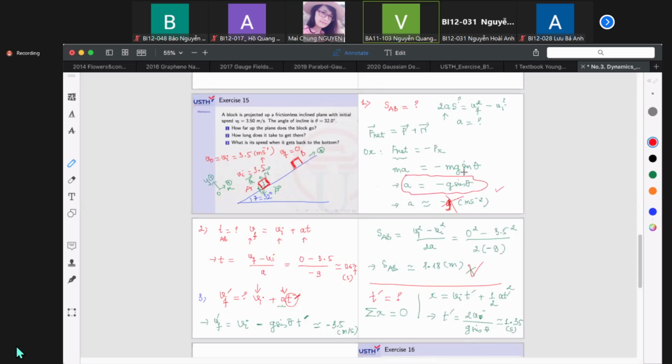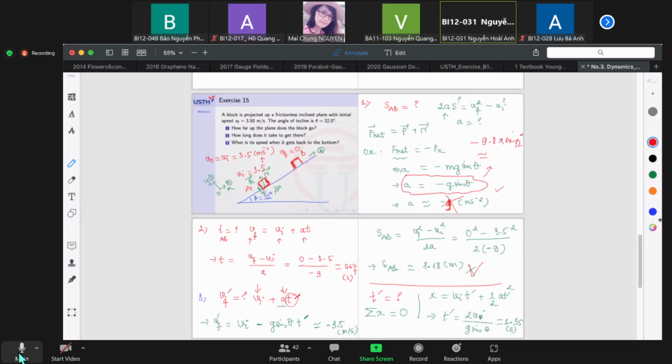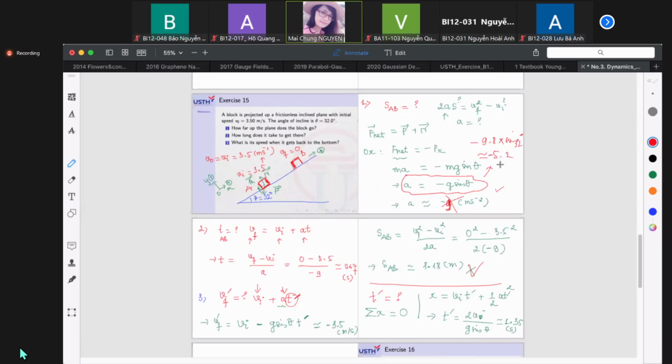It's equal to -9.8 multiplied with sin 32 degrees. If we approximate 9.8 multiplied with the sin of 32 degrees, it is approximately 5.2.